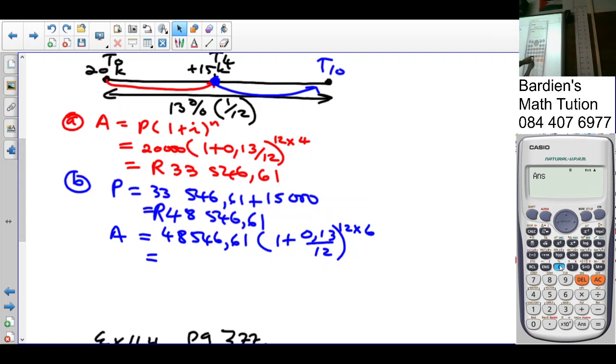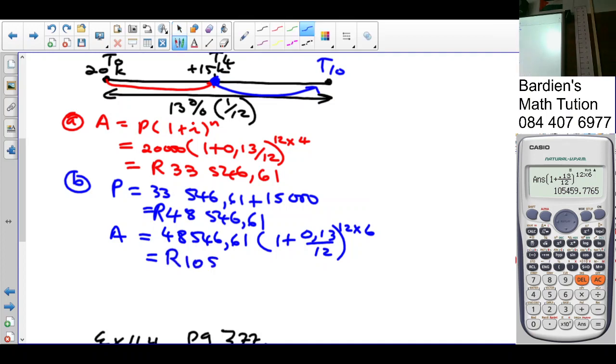Open brackets 1 plus 0,13 over 12 to the exponent 12 times 6. That's going to give you 105,459,78.